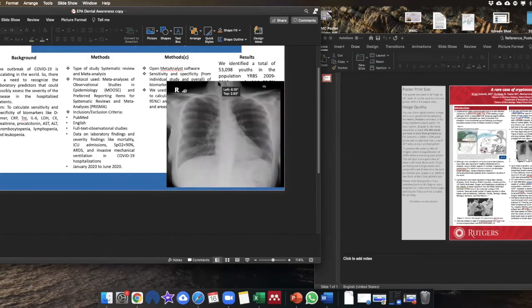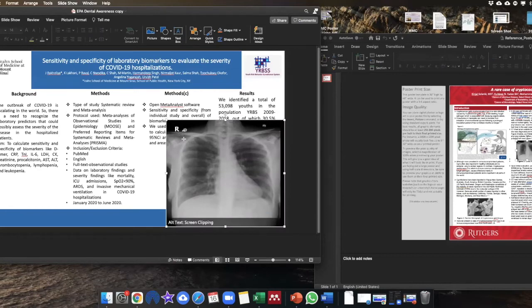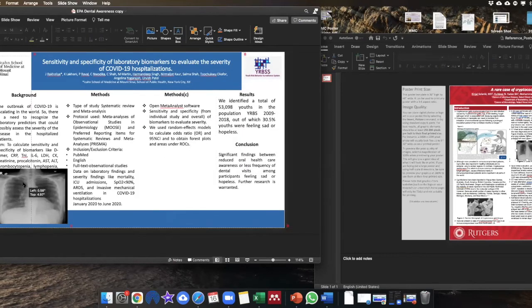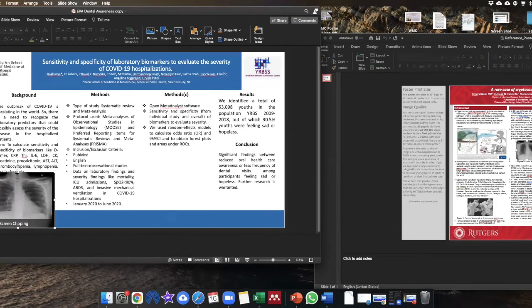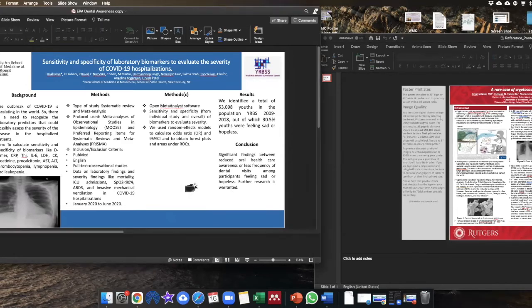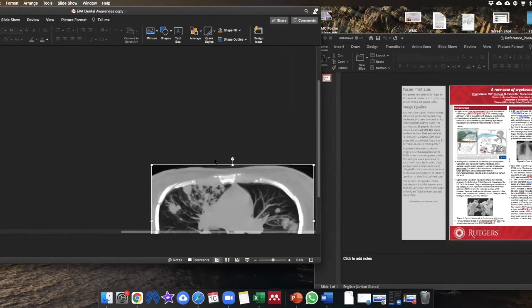Make sure if you are having case report, remove the patient's identity. Okay, your patient's identity must not be there. So if patient's identity is there, that is not good, so remove that part. Otherwise journal will not publish it. So make sure you arrange the space in a way so that you don't have to worry about.